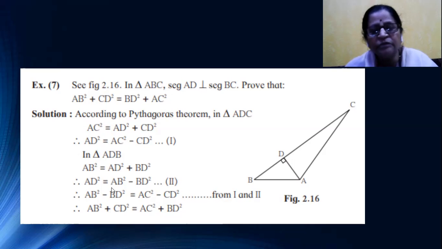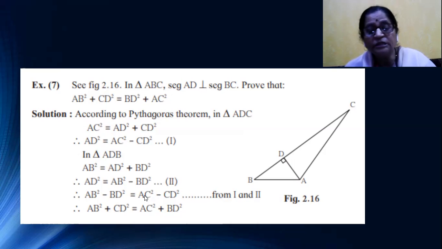It is an equation from here. It is 2. Then we are taking this AB square minus BD square from equation 2, and from equation 1, AC square minus CD square, it is here. For the left side we take this equation 2, and for the right side we take this equation 1.